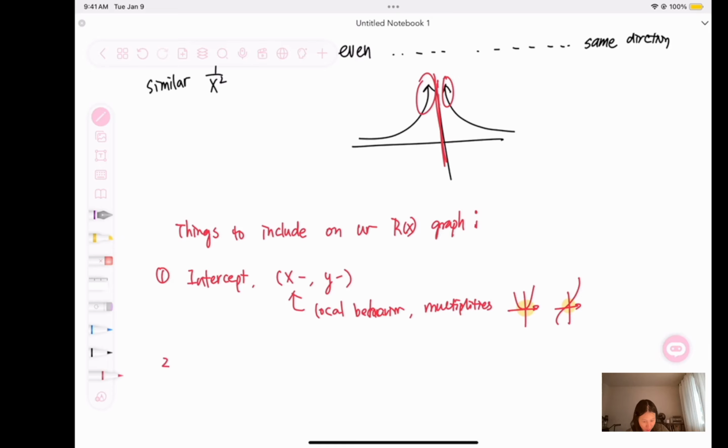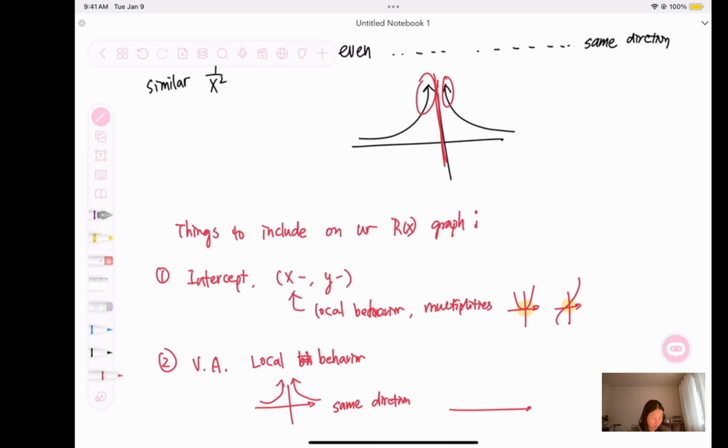Second thing is the vertical asymptote, which also gives us the local behavior. If the multiplicity is even, it's going to be similar to 1 over x squared: the same direction, either both going up or both going down.